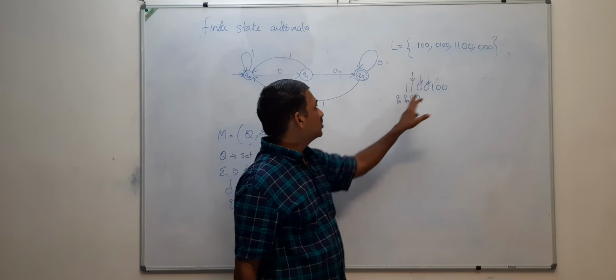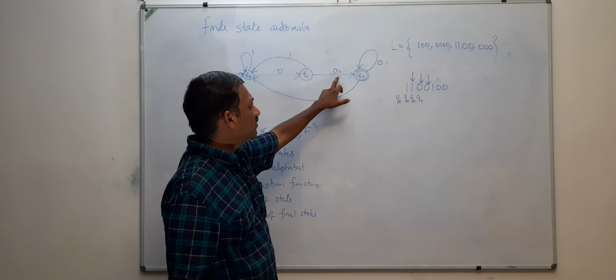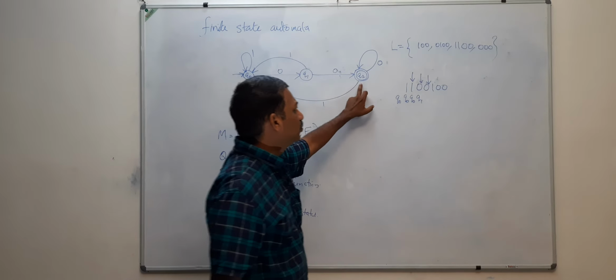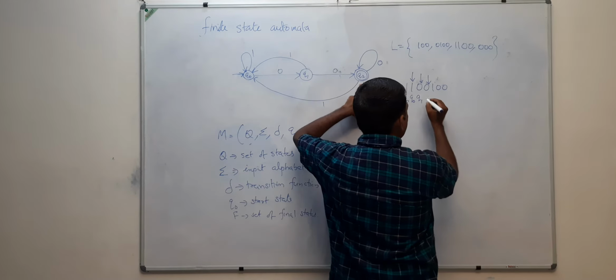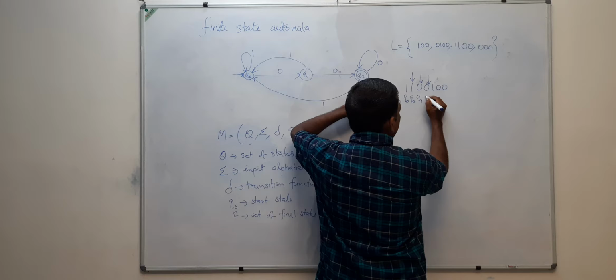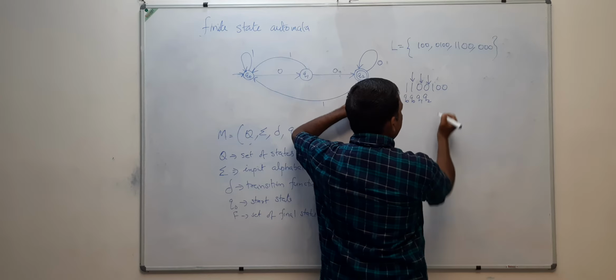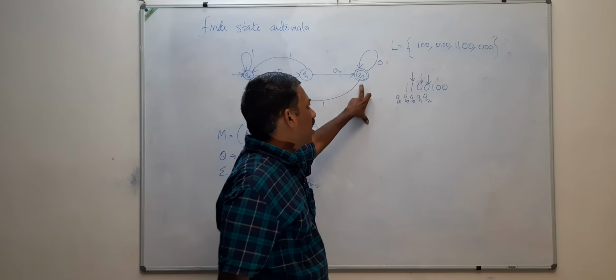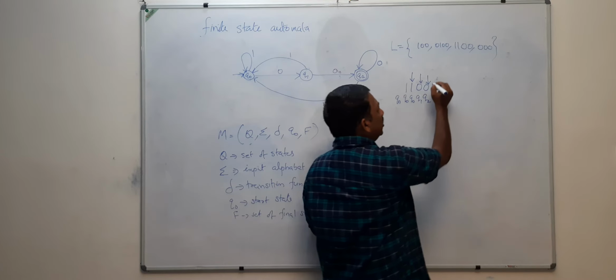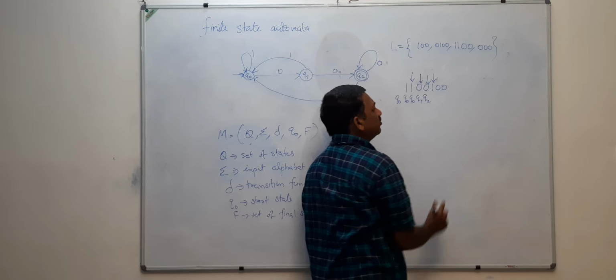Q1 upon receiving 0 reaches Q2. Now the new state is Q2, and the input is pointing to the next input symbol.